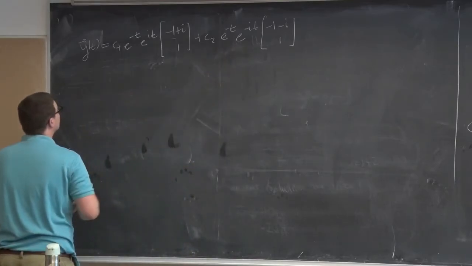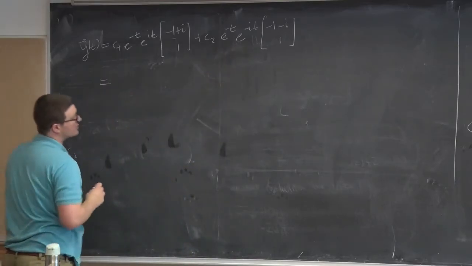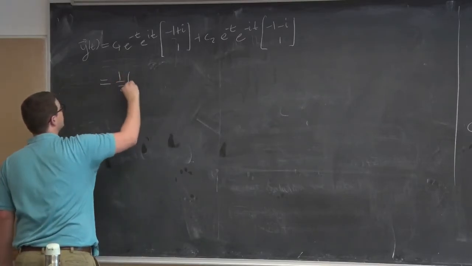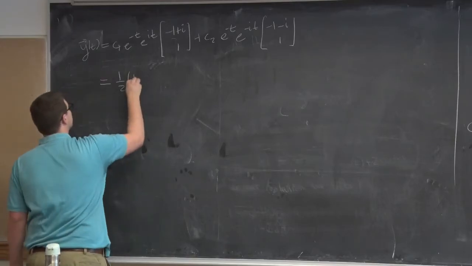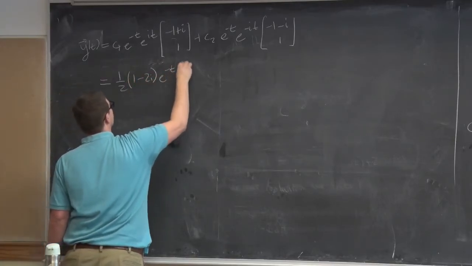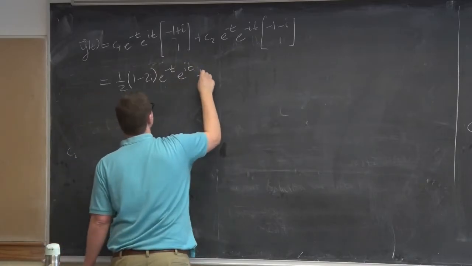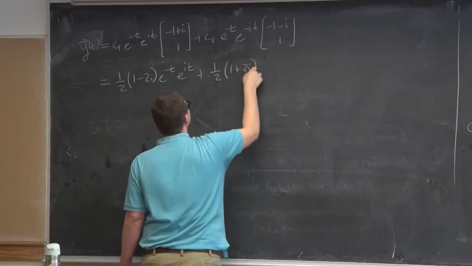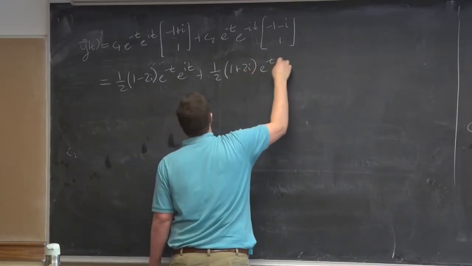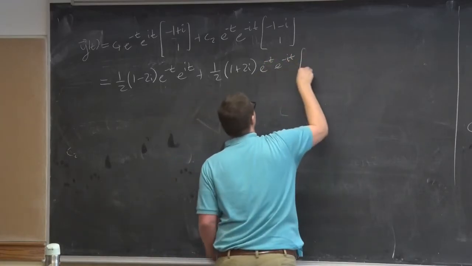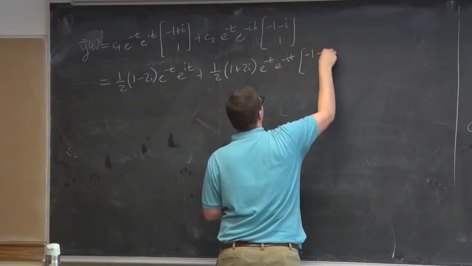Okay, so now let's put in our C's. C1 was 1/2, and I'm going to do (1 minus 2i), e to the minus t, e to the it, plus 1/2 times (1 plus 2i), e to the minus t, e to the minus it, and then I do (-1 minus i) over 1.